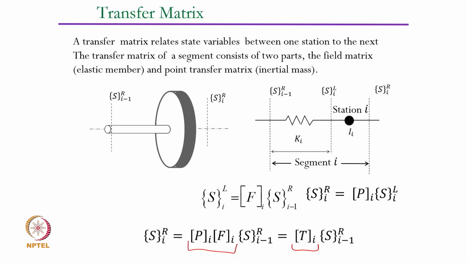Make sure that you use them in the same sequence, point matrix followed by the field matrix. Their product gives you a matrix called the transfer matrix. Therefore, these methods are called the transfer matrix method.